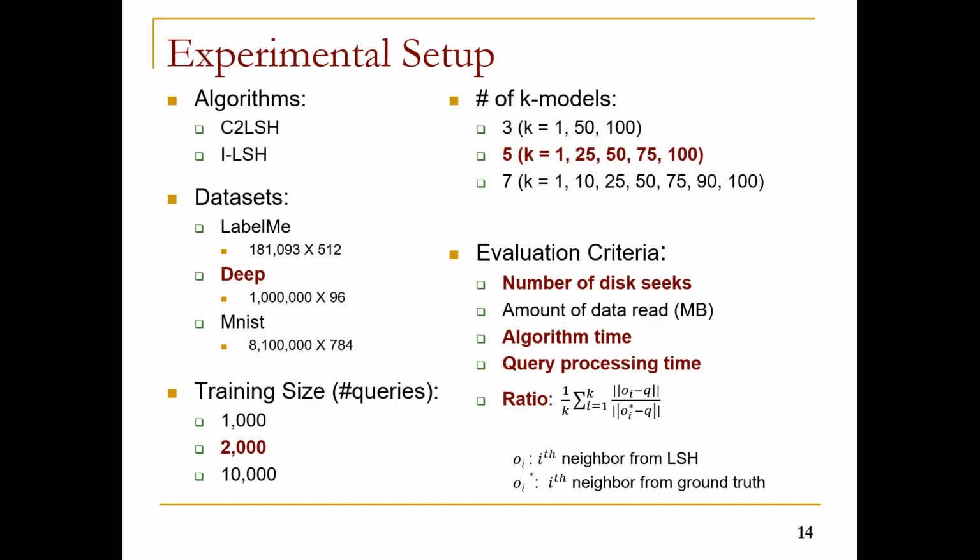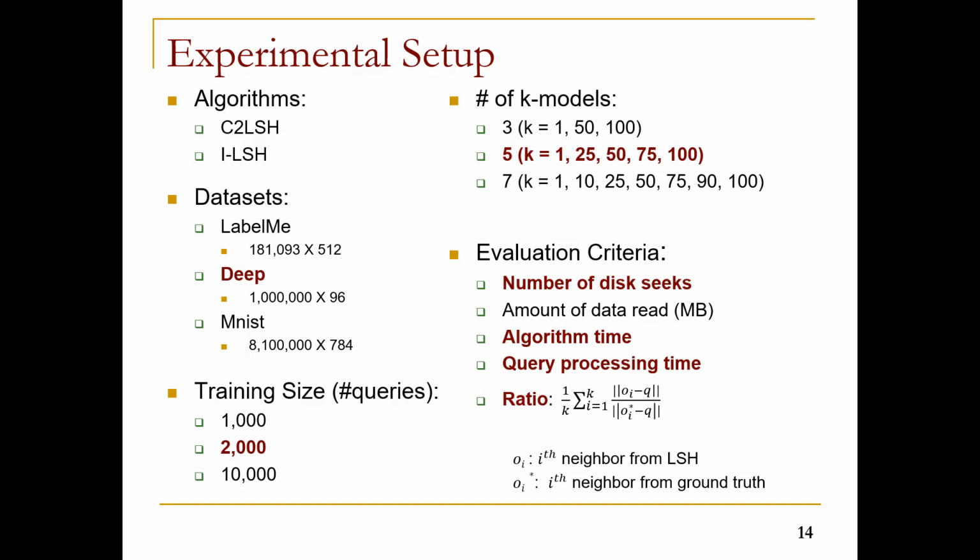Our goal by proposing roLSH was to improve performance without sacrificing accuracy. Therefore, we used several criteria to evaluate each method. Number of random IOs, and also the total amount of data read. Algorithm time is the time it takes to find the nearest neighbor points minus the IO cost.